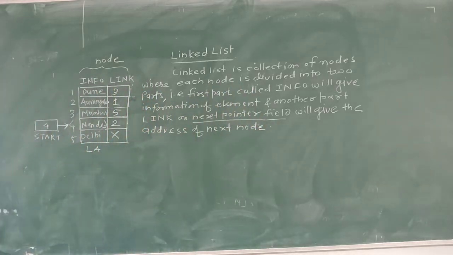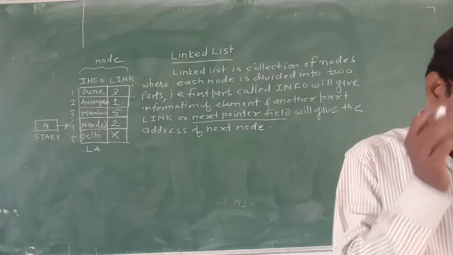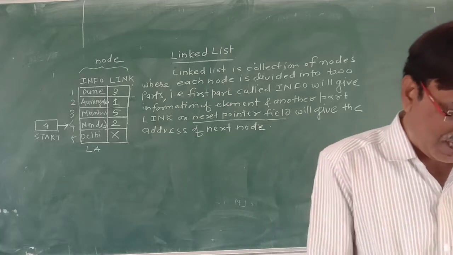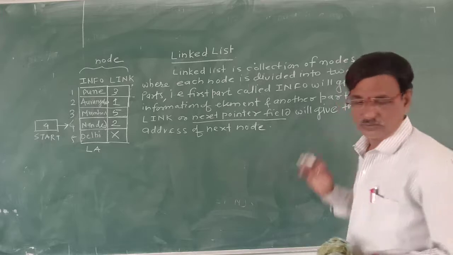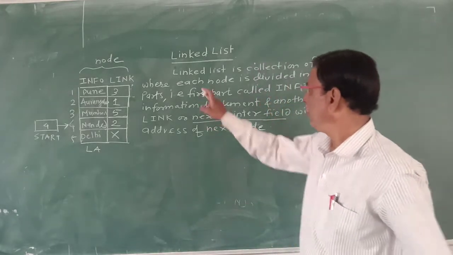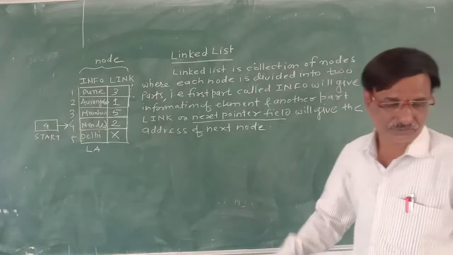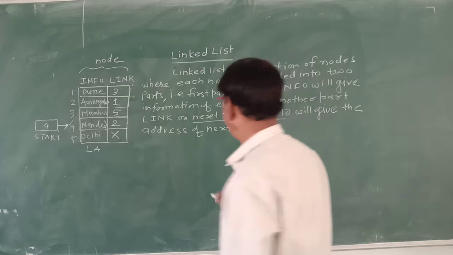Now, here the logical diagram of the linked list can be drawn like this. A linked list is a linear collection of data elements called nodes, where linear order is given by means of pointers, where each node is divided into two parts. Now, a logical diagram can be shown like this.